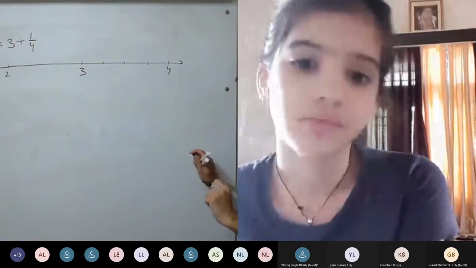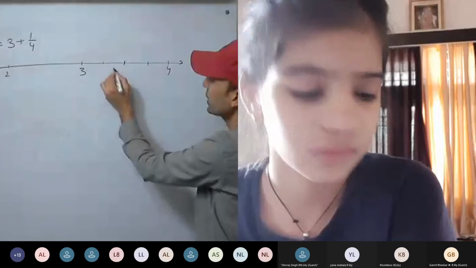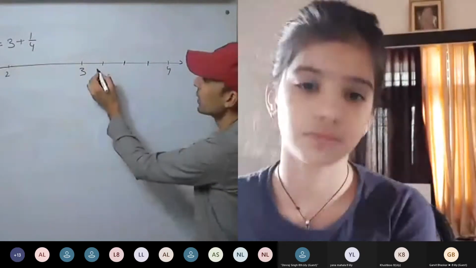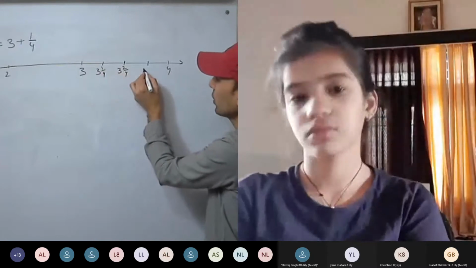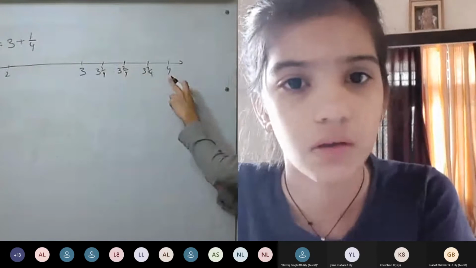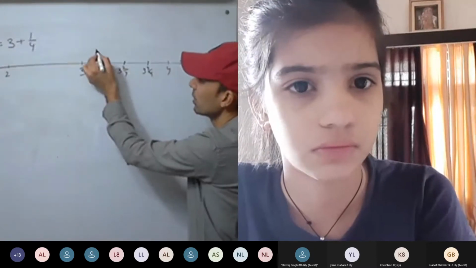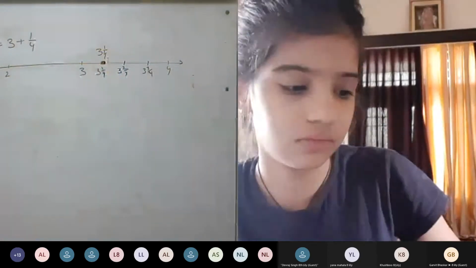There's one way as well to divide 4 parts: first we divide into 2 parts and each part into 2. So 3 1 by 4, 3 2 by 4, 3 3 by 4, 3 4 by 4, that is 4. So we have to mark this one, 3 1 by 4. Understood?